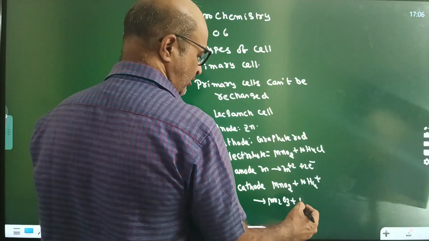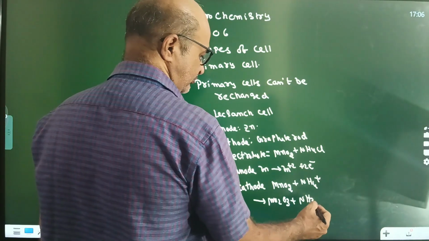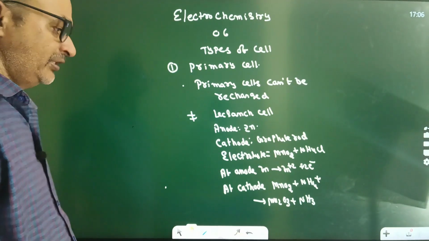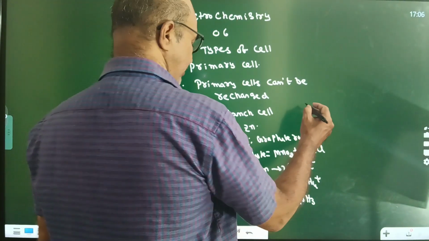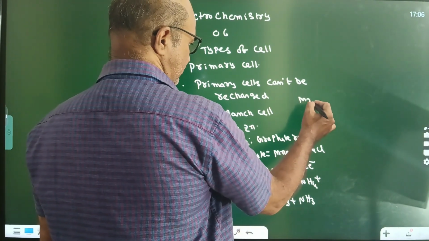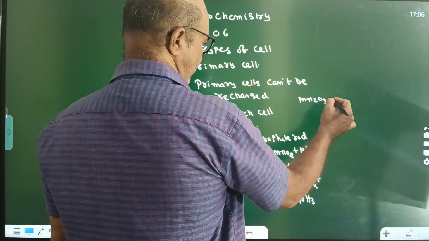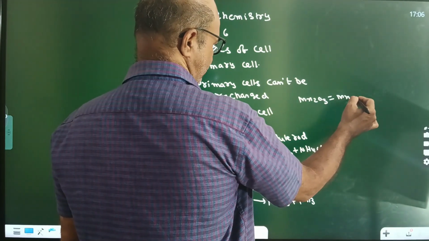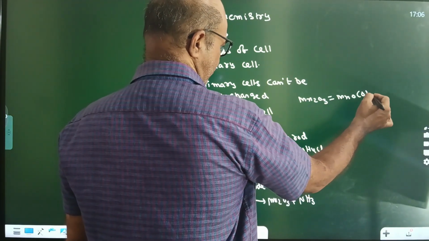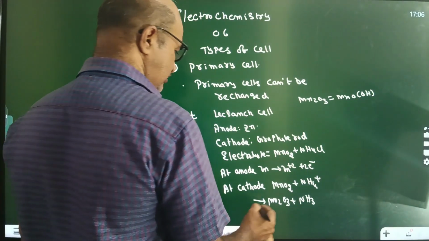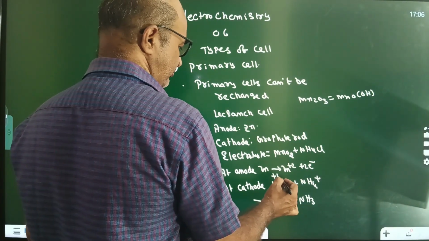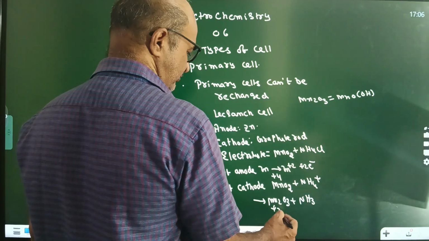Mn2O3 is also written as MnOOH. Here the oxidation state changes from +4 to +3.